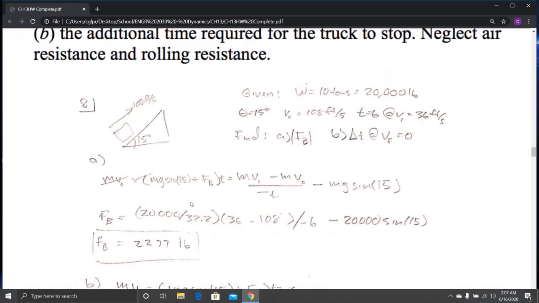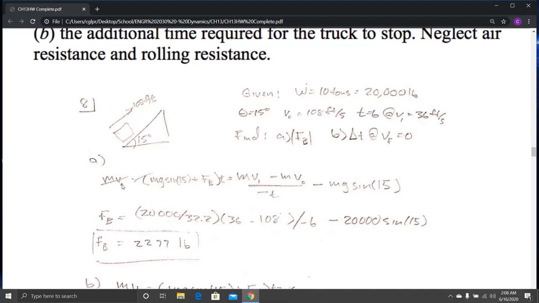I initially tried solving this using kinetic energy and found that that was leading to a dead end. I looked at the solution manual and then realized, oh yeah, we've changed sections here. We're going to be working with momentum now.